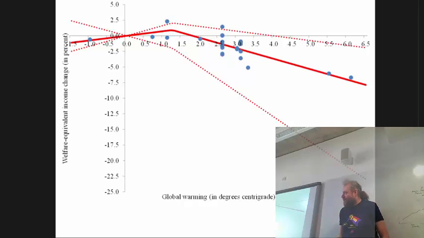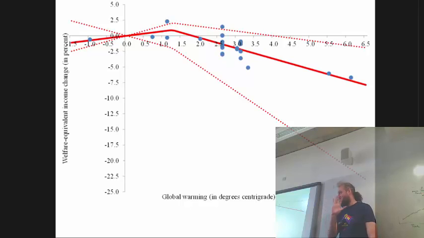It's not a problem, but it's also not very big, particularly when you consider that 2.5 degrees of warming would take 50, 60, 80 years. So one way of rephrasing this is that a century of climate change is about as bad as losing 1 year of economic growth, which immediately makes clear that climate change is not the biggest problem of humankind.